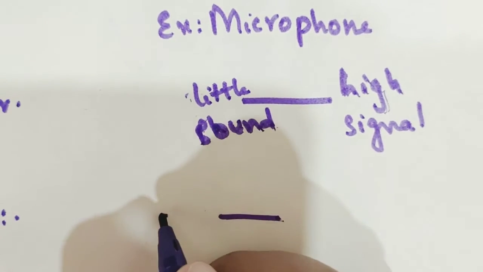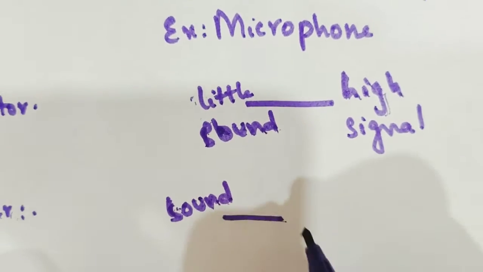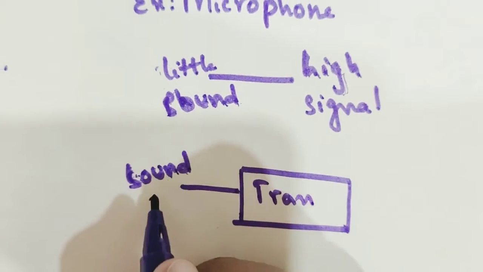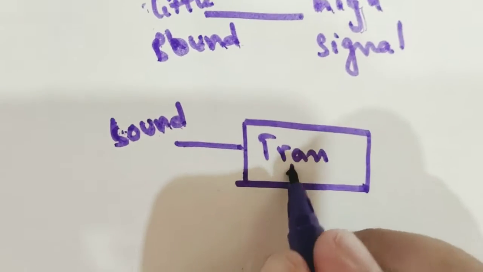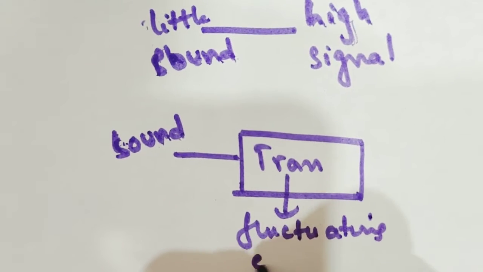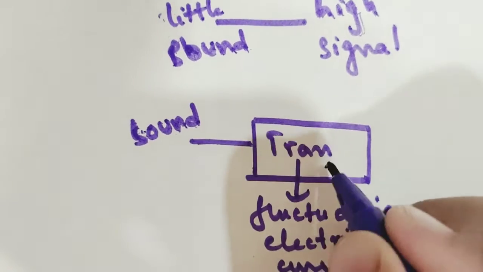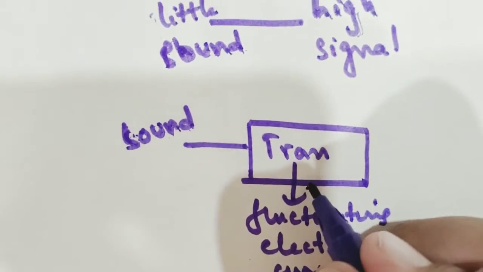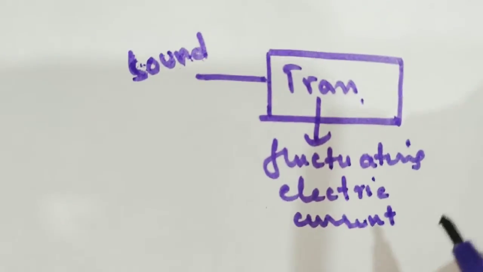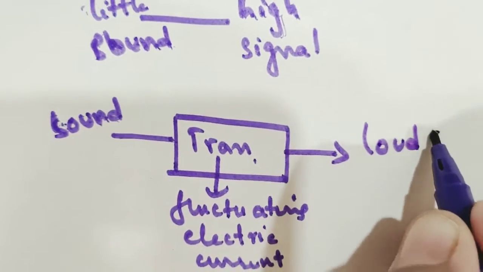When a little amount of sound is passed on to the transistor, it internally generates fluctuating electric current within the circuit, and when these fluctuating electric currents are taken by the transistor, the transistor boosts them and is useful in generating a loud noise.